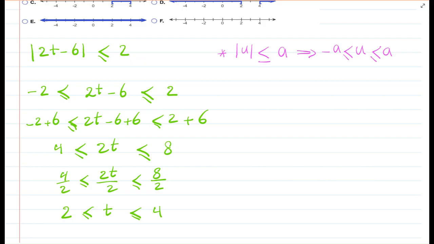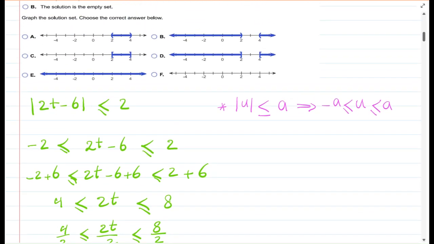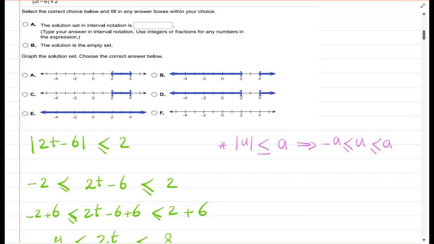If you want to write it in terms of interval, then I can say t belongs to the closed interval 2 and 4. 2 is closed because it is included. 4 also is closed because it is included. If you look at the intervals for the solution, among A, B, C, D, E, and F, we know that the answer is between 2 and 4.